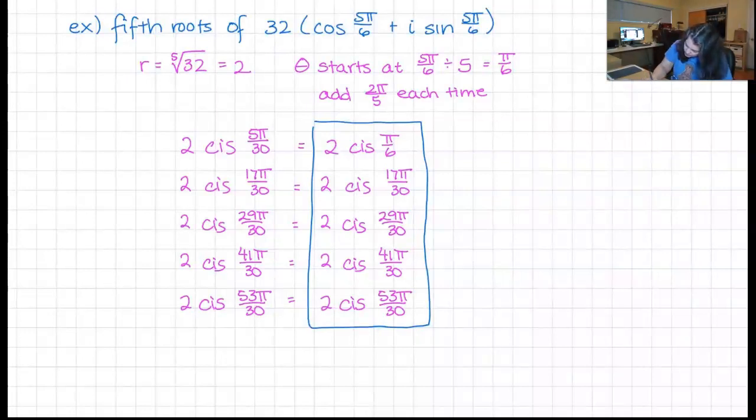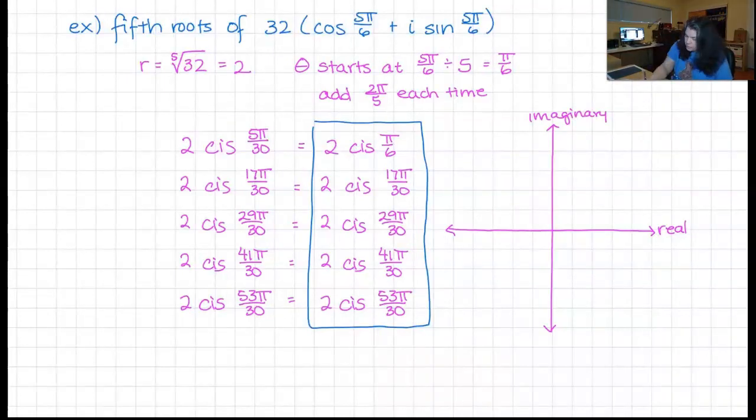So I'm going to go ahead and set up my complex plane. And then I'm going to just do my best to make a circle here with a radius of 2.